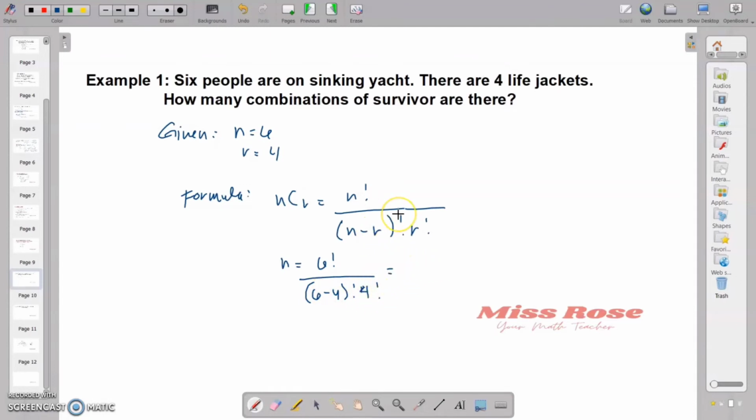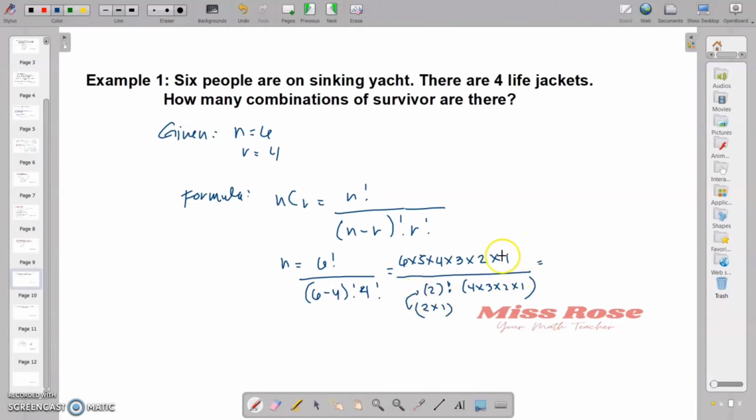Simplifying: 6 times 5 times 4 times 3 times 2 times 1 over 6 minus 4, which is 2, so 2 factorial, which is 2 times 1, and 4 factorial, which is 4 times 3 times 2 times 1.